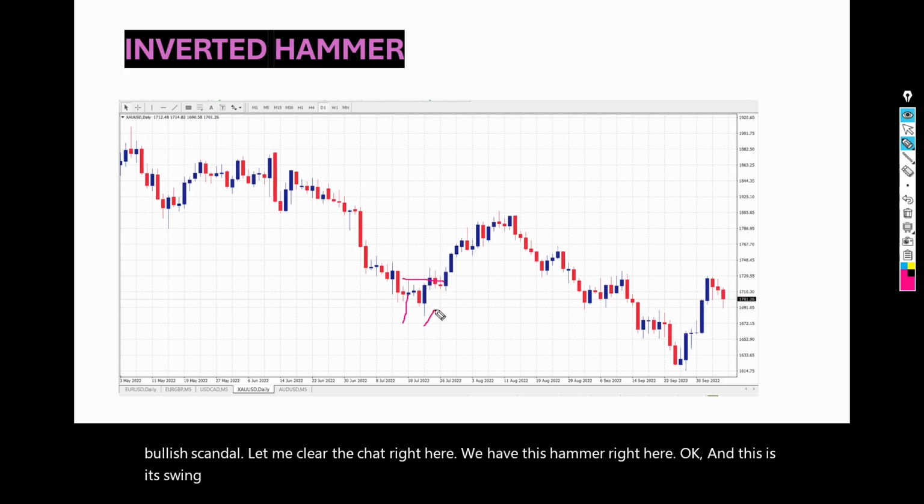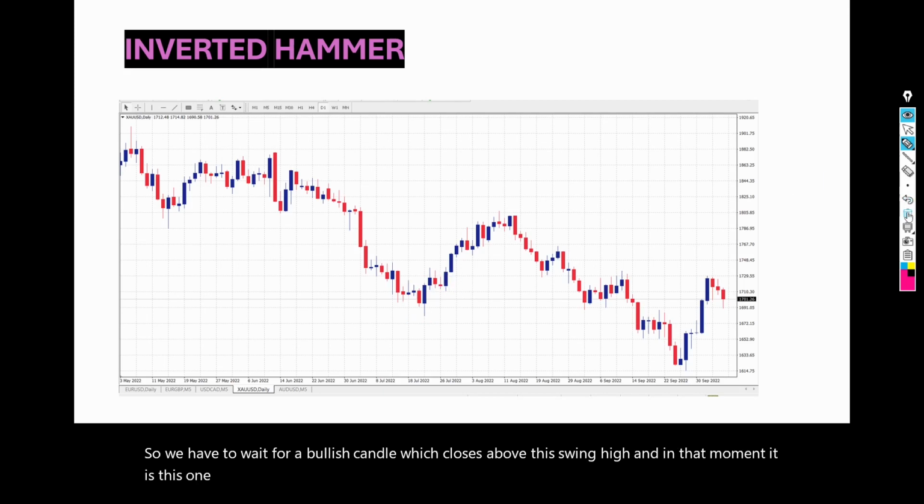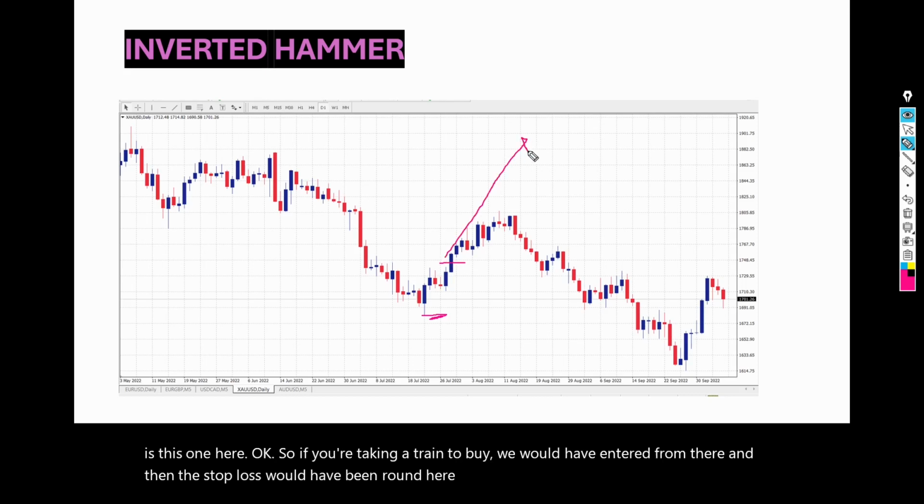But we see that the bullish candle we have gotten is not above its swing high, so we have to wait for a bullish candle which closes above this swing high, and in that moment it is this one here. So if we are taking a trade to buy, we would have entered from there, and then the stop loss would have been around here, and we would be looking to catch this wave up, though it was unsuccessful.